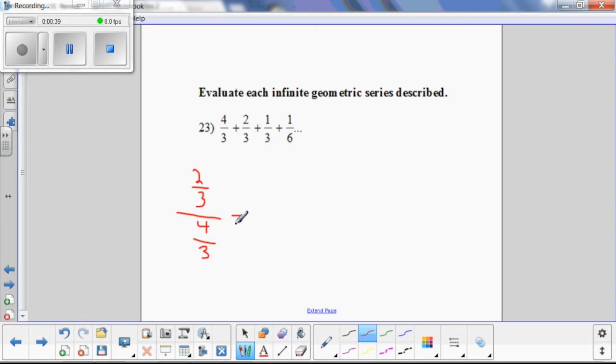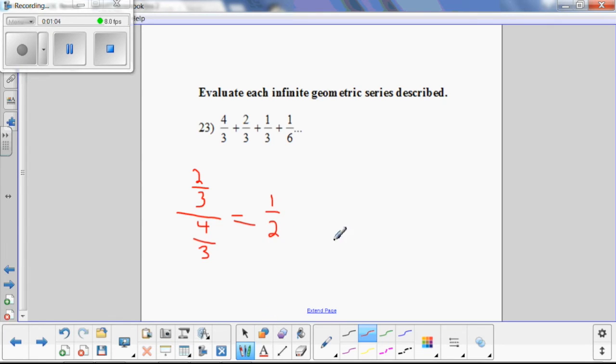And when I do that, I see that my common ratio in this case is 1/2.